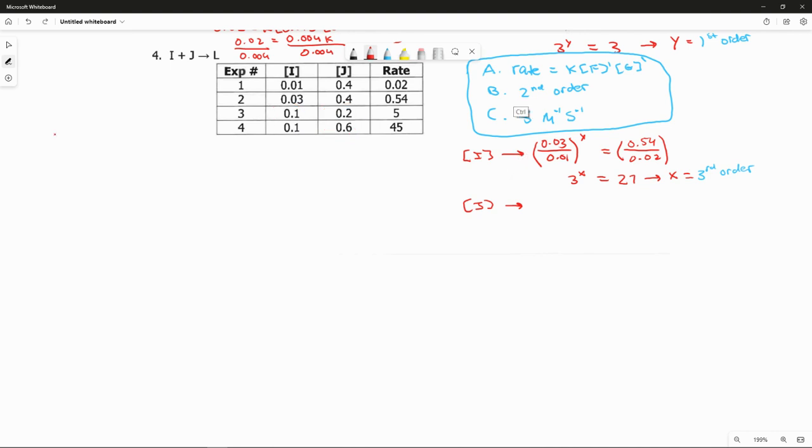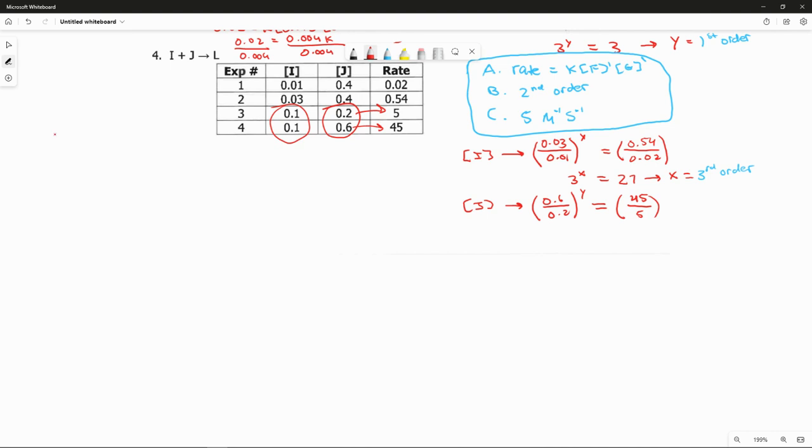So we grab the higher number on top, 0.6 over 0.2 to the y this time, equals 0.6 corresponds with 45 and 0.2 corresponds with 5. Since 0.6 is on top, we put 45 on top, and since 0.2 is on the bottom, 5 goes on the bottom.